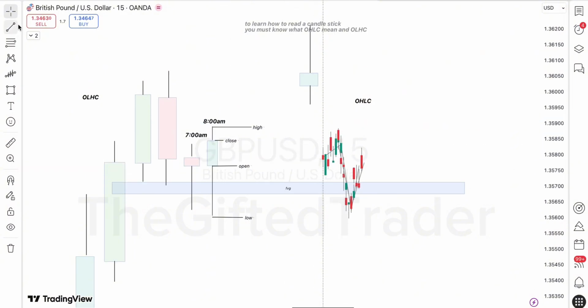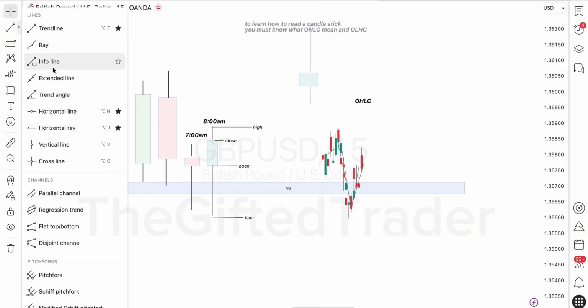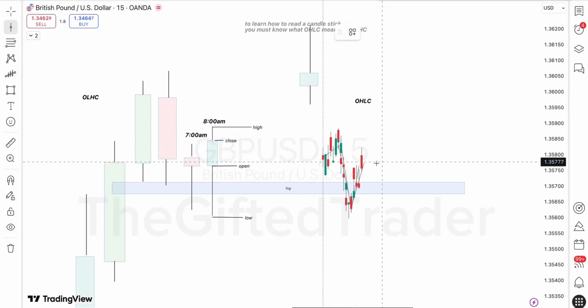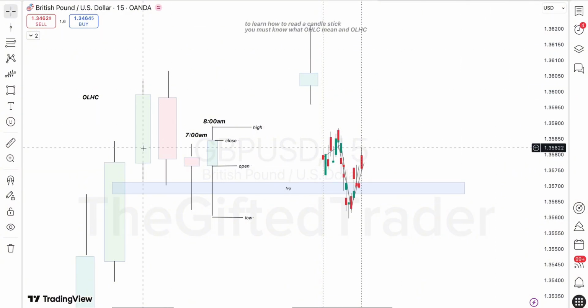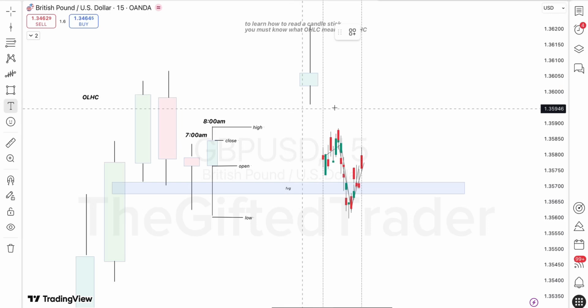Now let me draw this. Oh my, this is even expired. I'm supposed to check this stuff.